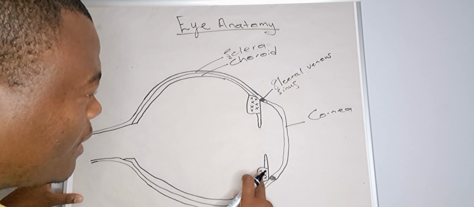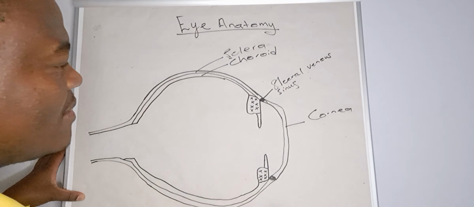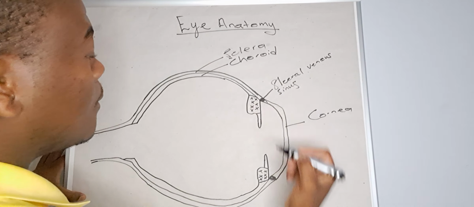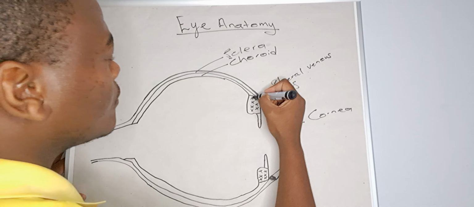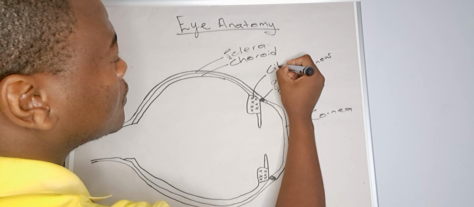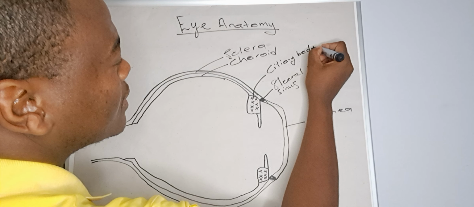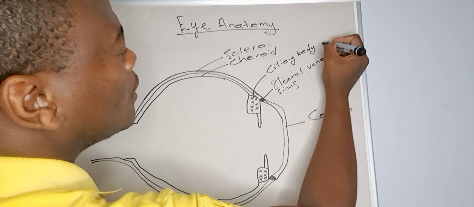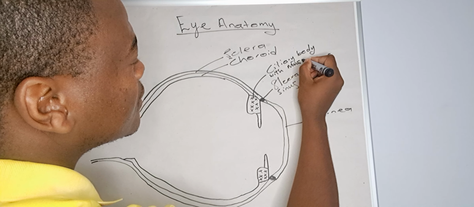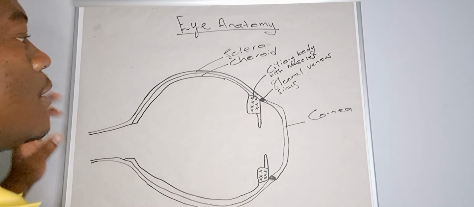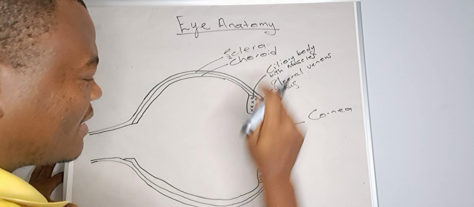But the name of this body is the ciliary body containing muscles. Be precise. This and this is the same. This is our ciliary body with muscles. Our ciliary body contains ciliary muscles.